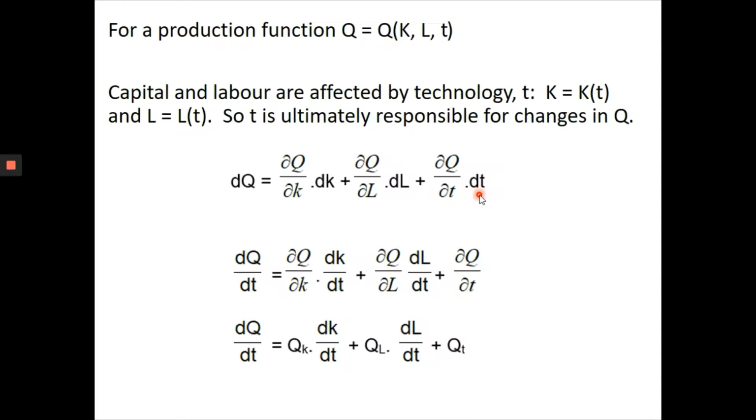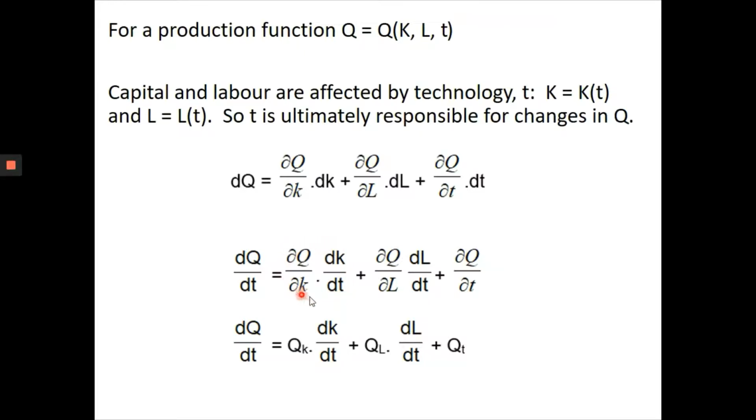Now we need to divide through by the relevant differential, which, as we know in this case, is technology. And that's what we do on the next line, dq over dt. And we also need to divide through by dt on the right-hand side.